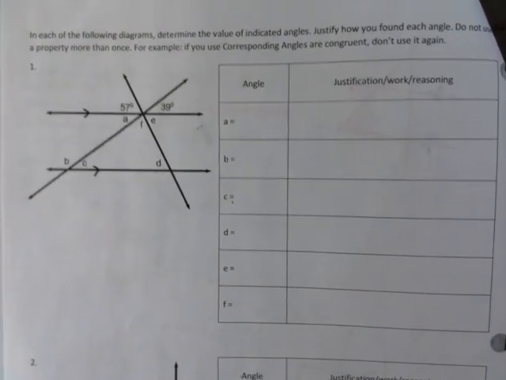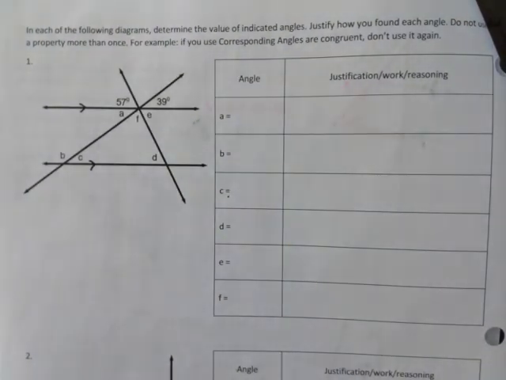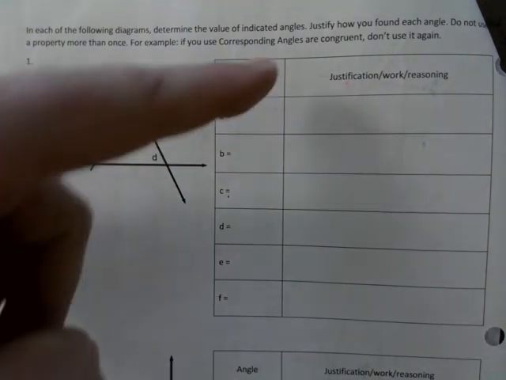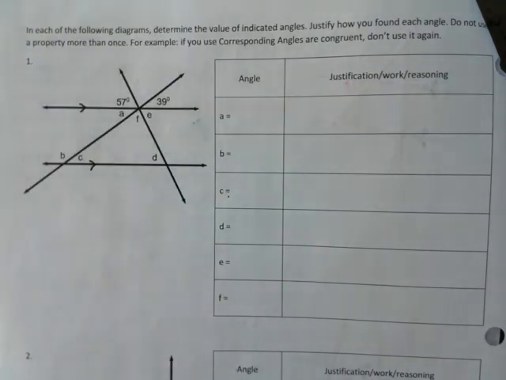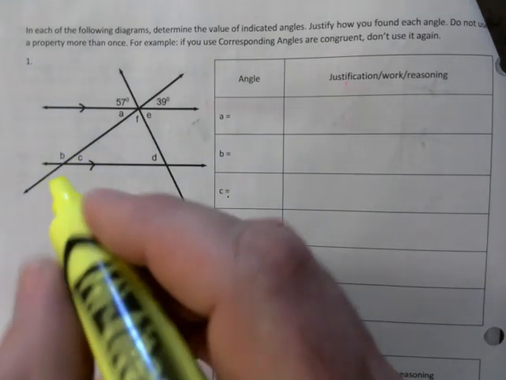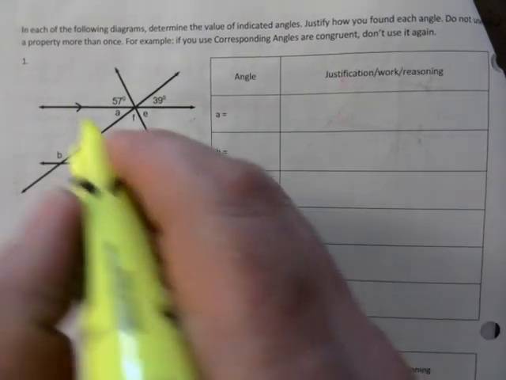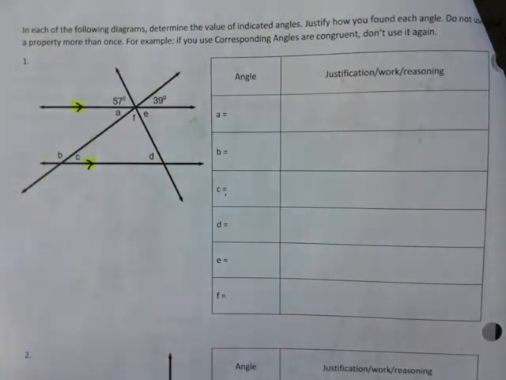Okay, here we go. So this is a classic for tests, quizzes. I like to organize it in charts. I used to leave it open, and it was all over the place. So I like to organize my thoughts here. So if you have highlighters, very important here. In this particular diagram, what should stick out first and foremost is that these two lines are in fact parallel.